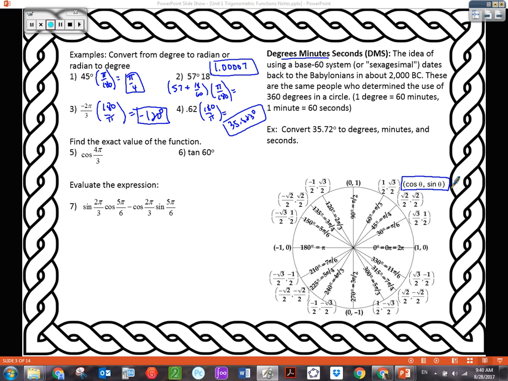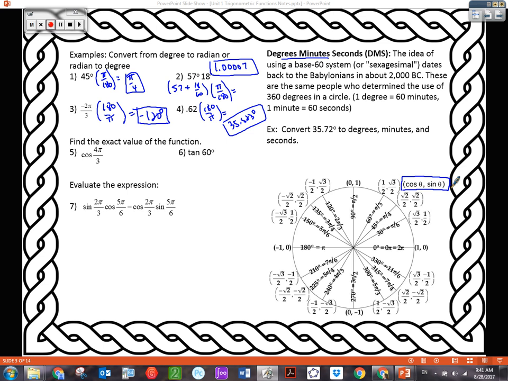So if I asked you what is sine of 60 degrees, you would tell me the y-coordinate. You would tell me it's root 3 over 2. Okay, that's how it works. If I asked you what cosine of 90 degrees or pi over 2 is, you would tell me it's 0. Right? Cosine is associated with the x, and sine is associated with the y.